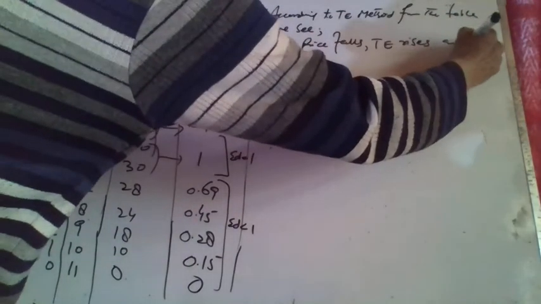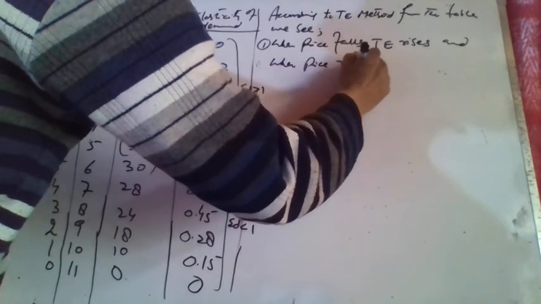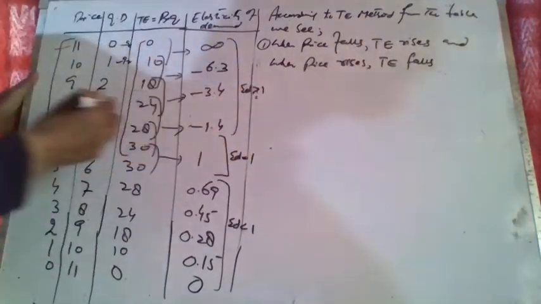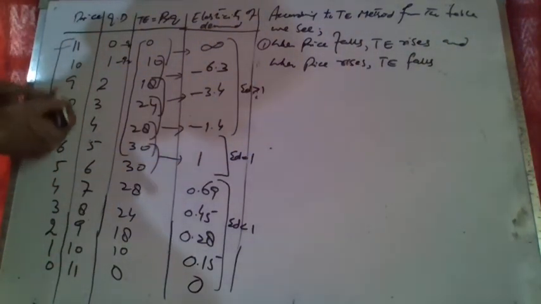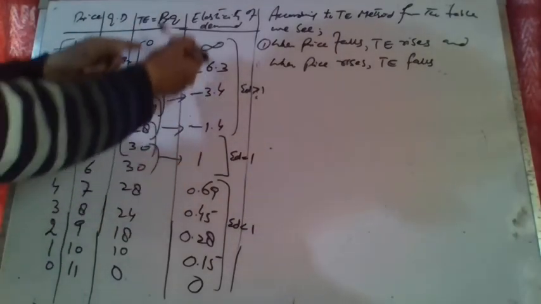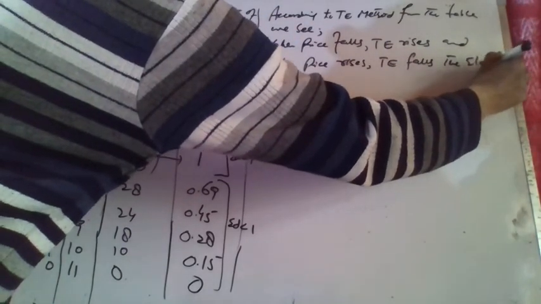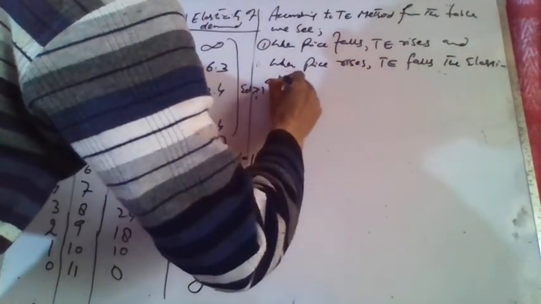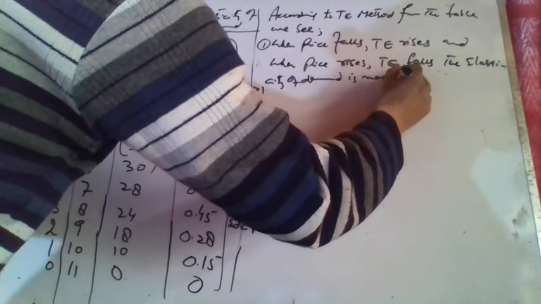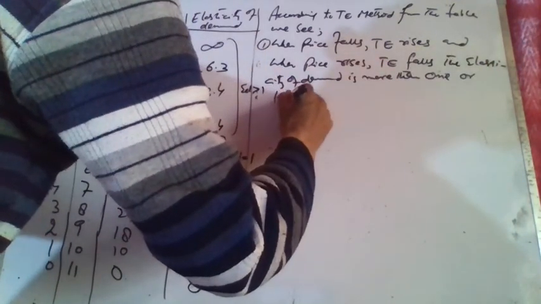And when price rises, total expenditure falls, जब हम 6, 7, 8 टोटल ये प्राइस राइज होता है, टोटल एक्सपेंडिचर फॉल होता है, the elasticity of demand is more than 1 or high elastic.